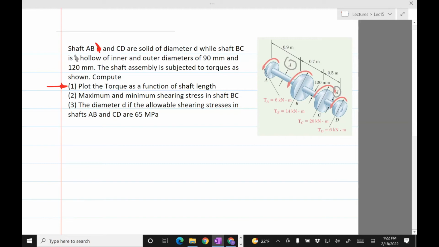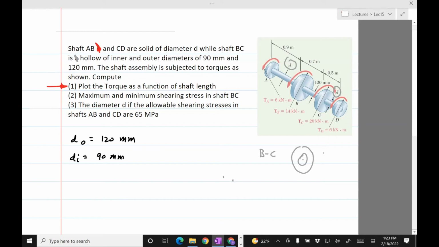What it's saying is that this shaft here between B and C is actually hollow. Between BC, there are 2 diameters. Outer diameter is 120. And the inner diameter is 90 mm.